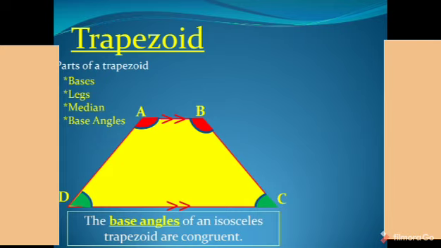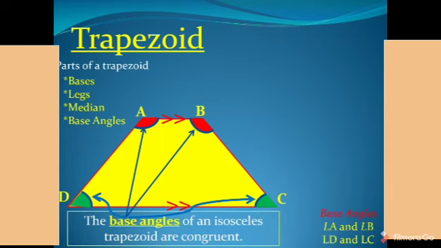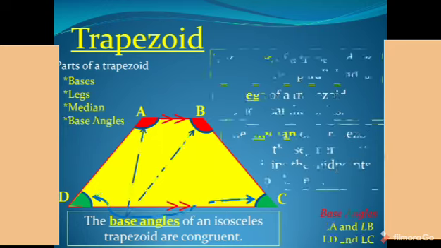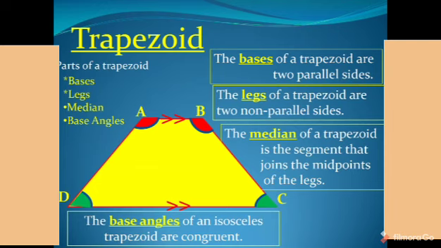Meaning angle A and angle B are congruent, and so are angle D and angle C. Remember, base angles are congruent. So once again: the bases, the legs, the median, and the base angles. And this makes the trapezoid unique.